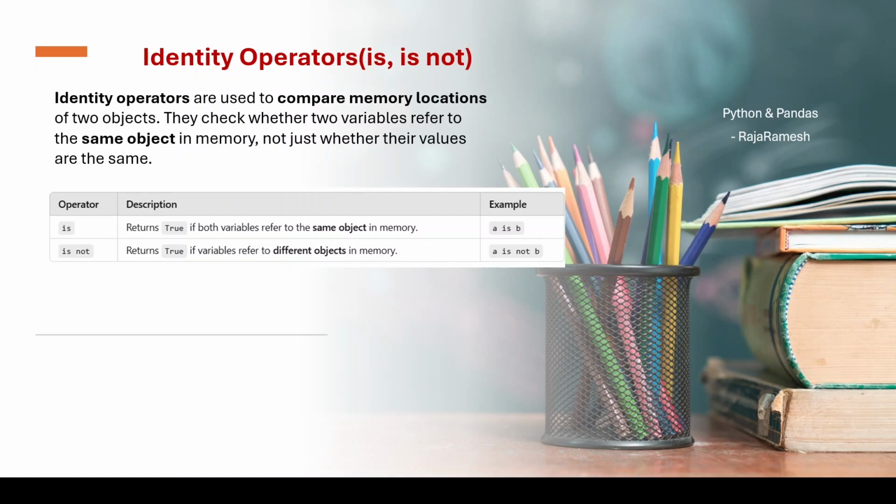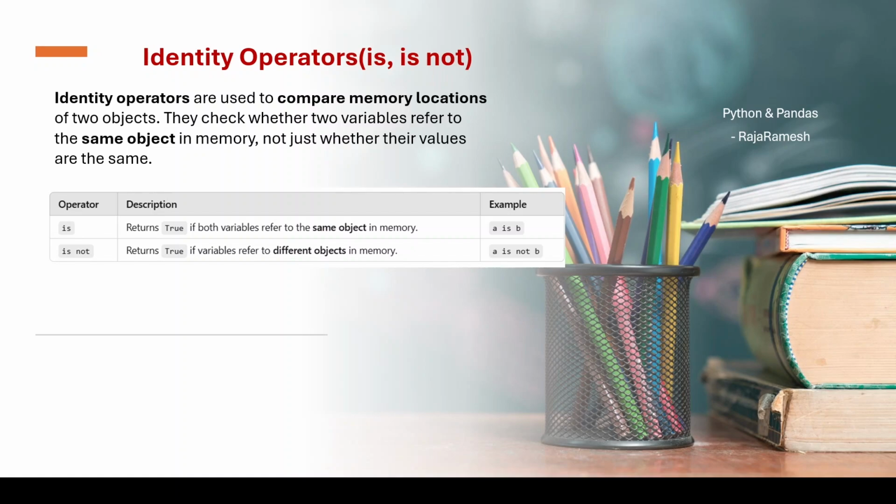So we have two identity operators which are is and is not. Is returns true if both variables are referring to the same object in the memory. If we have two objects A and B, and we write A is B, then it is going to return true if A and B are referring to the same object in the memory.